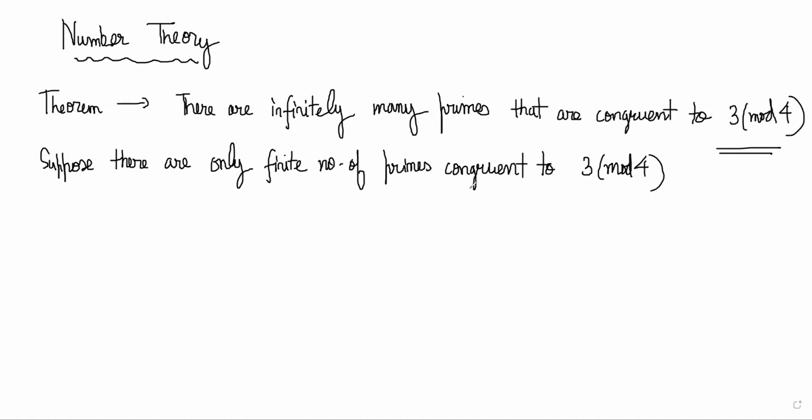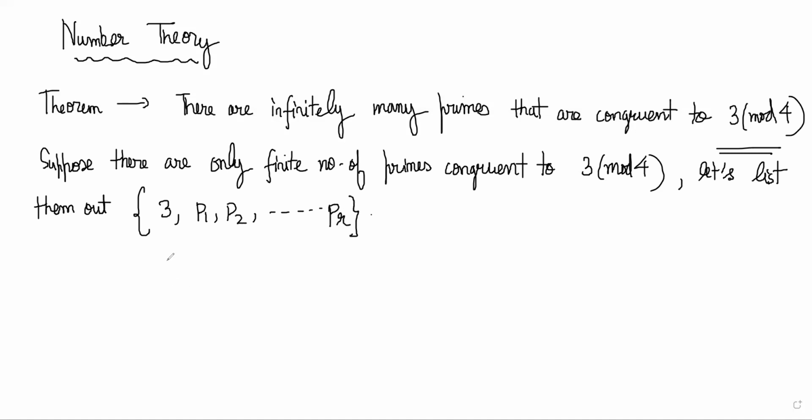And since there are only a finite number of primes congruent to 3 mod 4, let's list them out. Let's say those primes are in this list. It starts off with 3, then we have P1, P2, and it goes on till PR. So basically this is the finite list of all the primes of the form 3 mod 4, right?